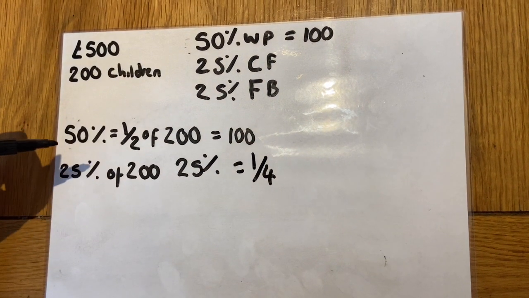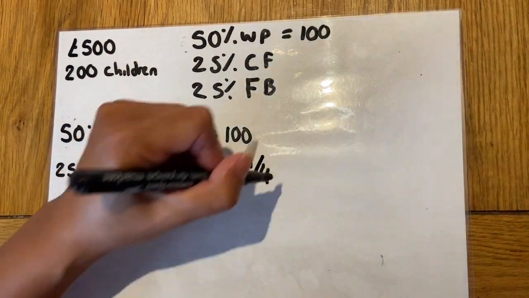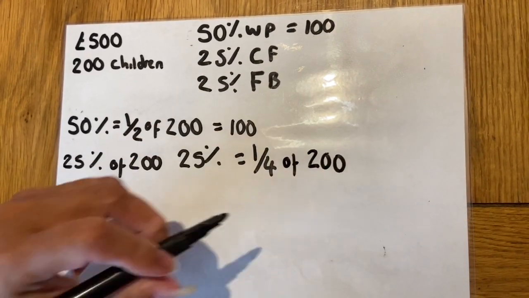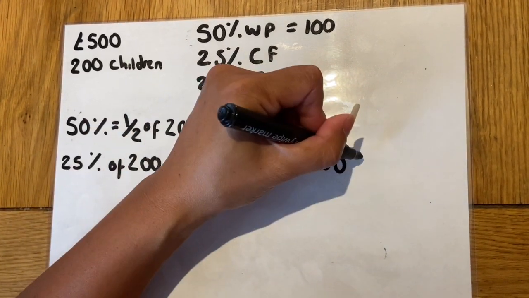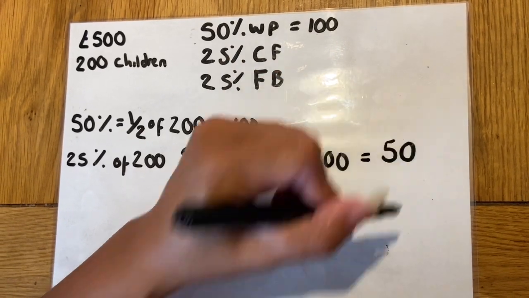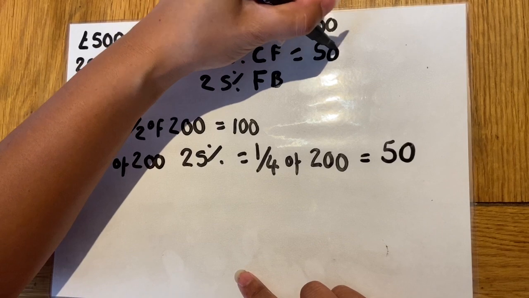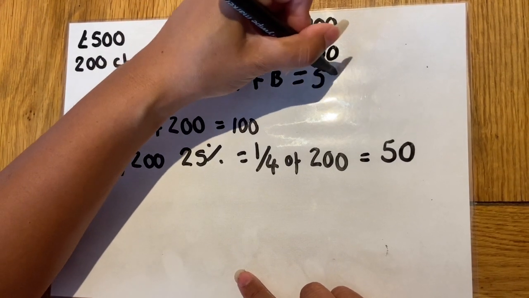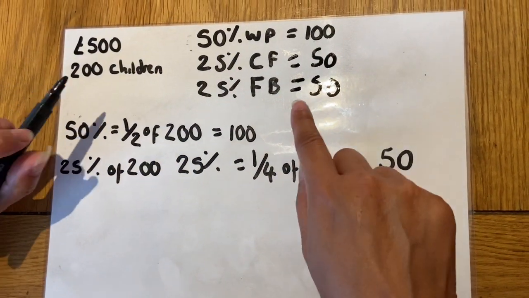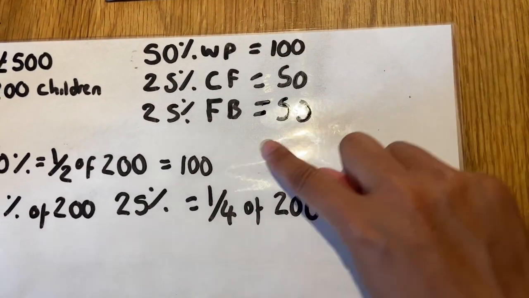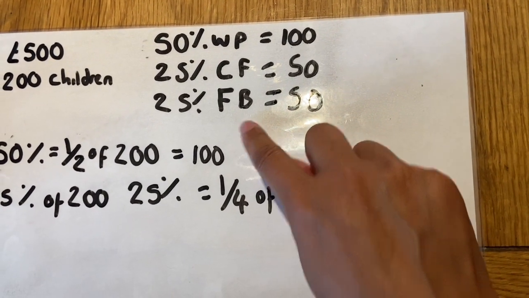Okay, so we can find 1/4 of 200, which is, you've got it, 50. So 50 children and 50 children. So 50 children voted for the climbing frame and 50 children voted for the friendship bench.